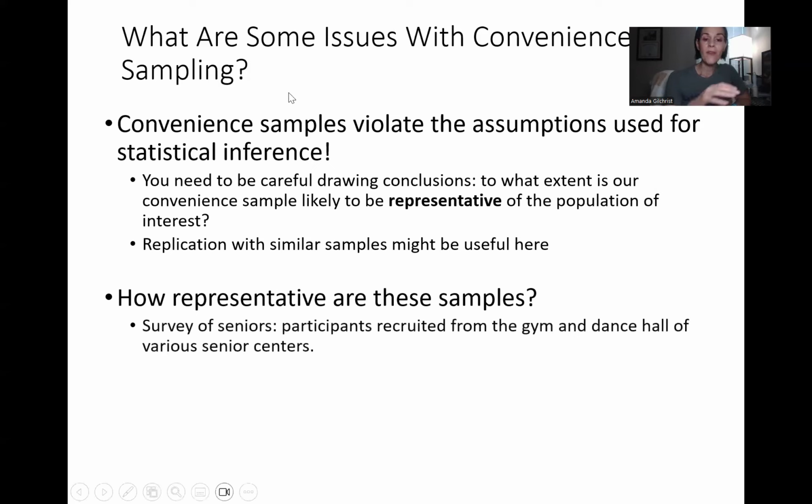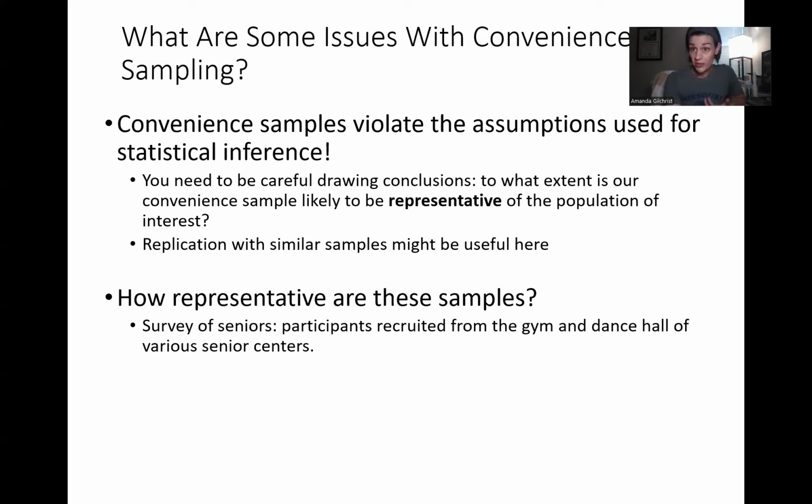So, for example, let's take a look at a few examples. Let's say we have a survey of seniors, and we're looking at participants that are recruited from the gym and the dance hall of various senior centers. Now, some of you might think that this is pretty good, but I hope you think about some different seniors or older adults that are in your life.